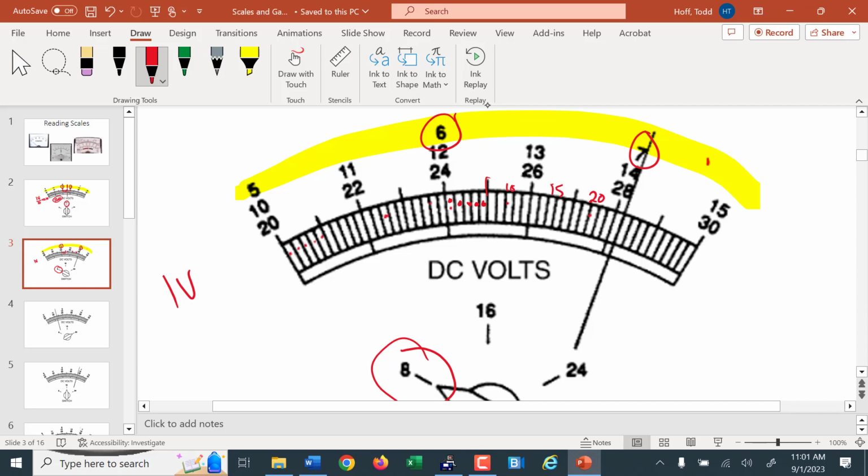I don't want to have to count up all that way. So that's 20 spaces. 1 volt divided by 20 spaces is 0.05 volts per space. So here, this is 7 volts. This is actually 7.05. A lot of people mistakenly read that as 7.1.